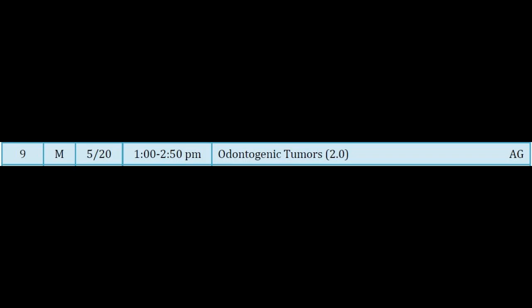Okay, so there's a classification scheme for odontogenic tumors, and it's in your handout that's uploaded on Canvas. So depending on the origin from which these tumors arise, they're classified into 3 big categories, right? You have tumors that arise from odontogenic epithelium, tumors that arise from mesenchyme, and then tumors that are mixed.